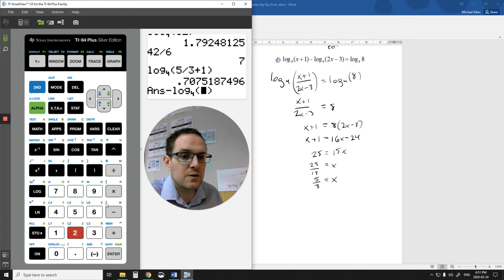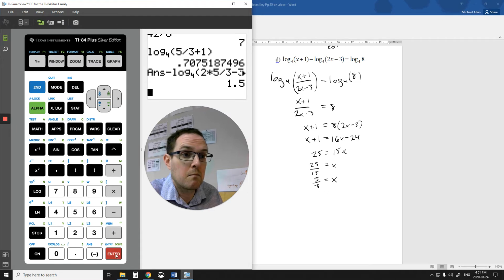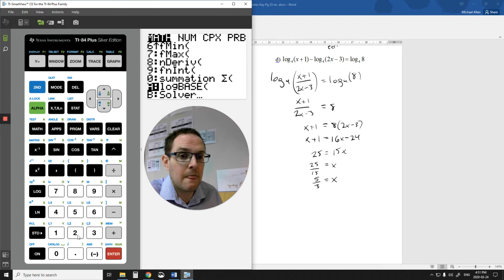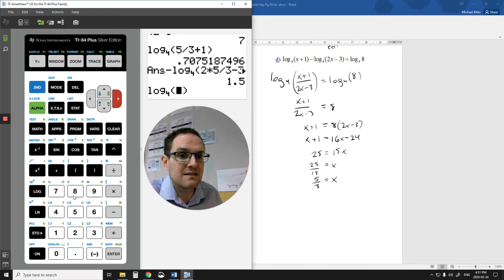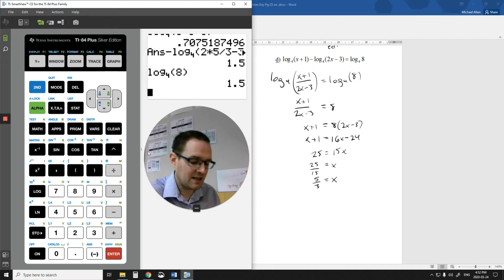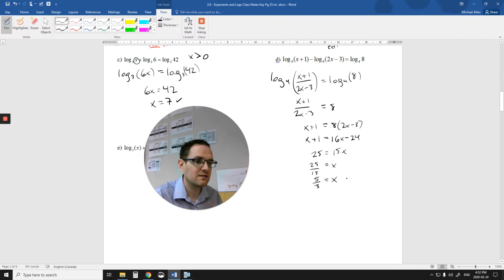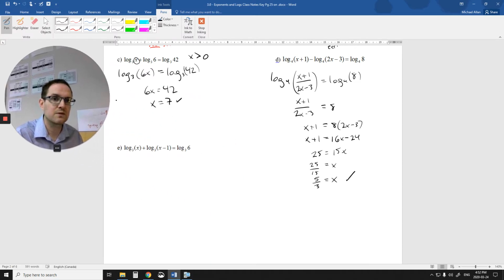And then I'm going to do 2 times 5 over 3 minus 3 in my bracket. Looking good, so I got 1.5. Okay, so is log base 4 of 8 1.5 as well? Yeah. So the left-hand side equals the right-hand side. There was no problem. So we verified our answer. Looks pretty good.